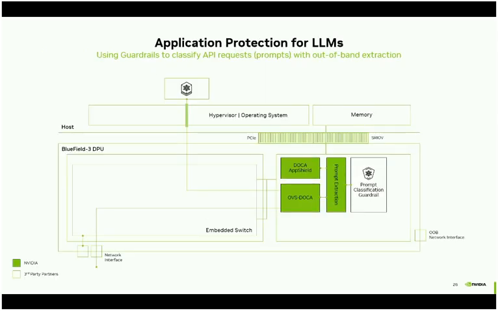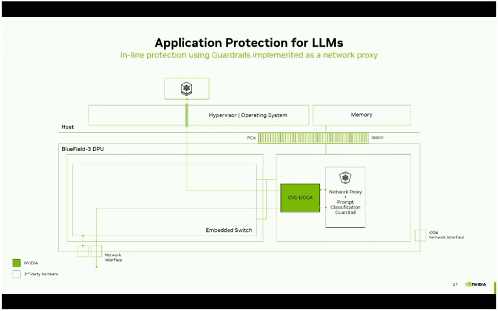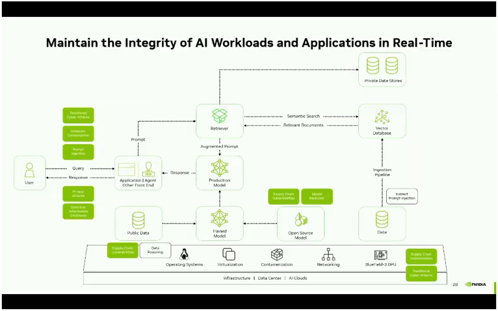We also have the ability to provide application protection, extracting API requests, aka prompts, either from the network or from memory using AppShield and OVS Docker, and handing them over to a prompt classification guardrail. That guardrail can also be connected using a network proxy. So to summarize, the mechanisms that we have demonstrated allow us to tackle all the attack vectors I discussed in the beginning.